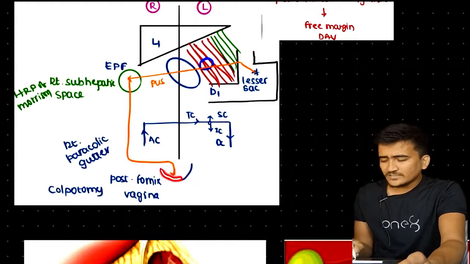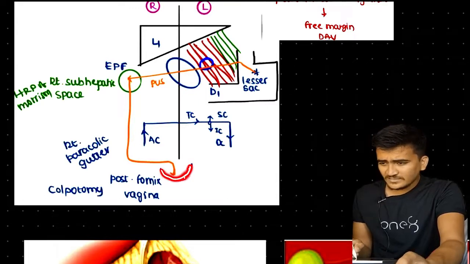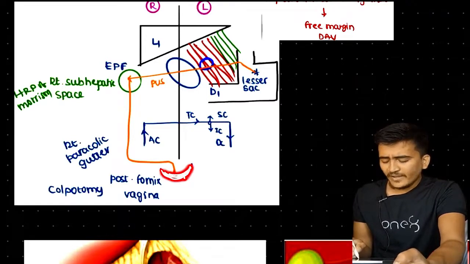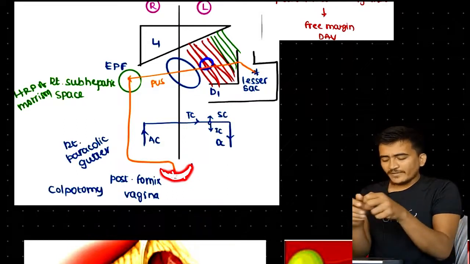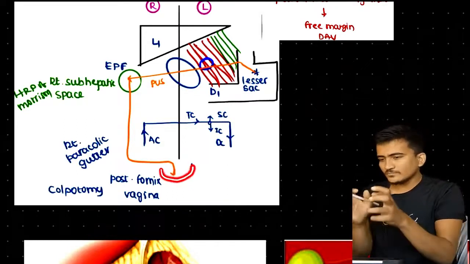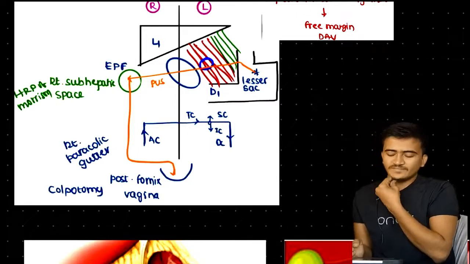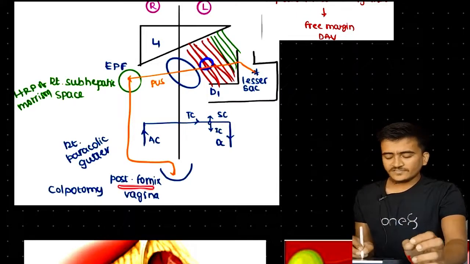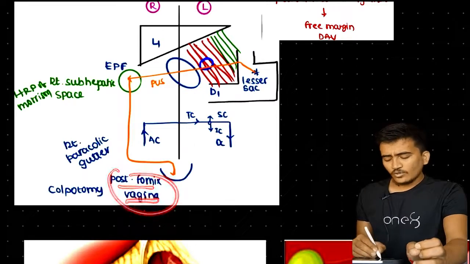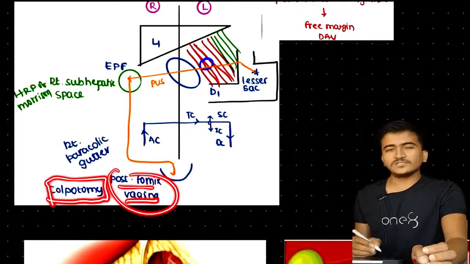Now how it is done: the pelvic abscess is drained by putting an opening in the posterior fornix of the vagina, right? Now this process is called colpotomy.